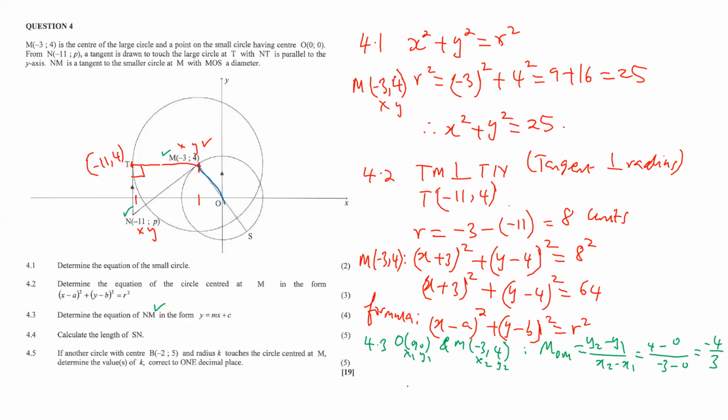So this means therefore the gradient of NM is exactly 3 over 4. Right. Because NM is a tangent, so it is tangent. The reason is tangent perpendicular to radius.